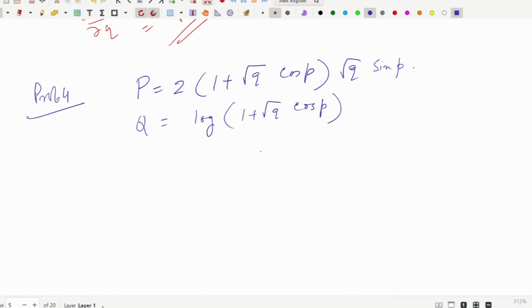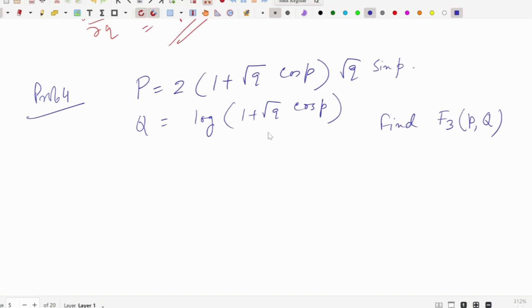Okay. Now the question is to find the generating functional f3, and you remember f3 is a function of capital P and Q. So in this question it specifically asks you to find f3, so you don't have any choice, or you don't have to look for which generating functional to calculate.